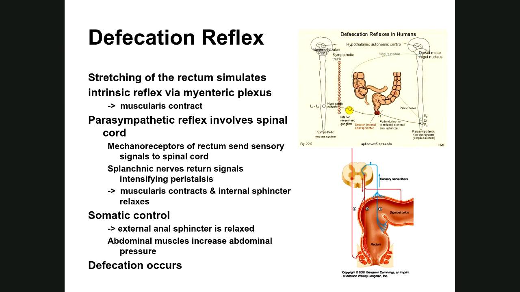The splanchnic nerves return the signal, and they are going to amplify this peristalsis movement, the movement of the feces distally. And in the end, the muscularis and the internal sphincter relax.